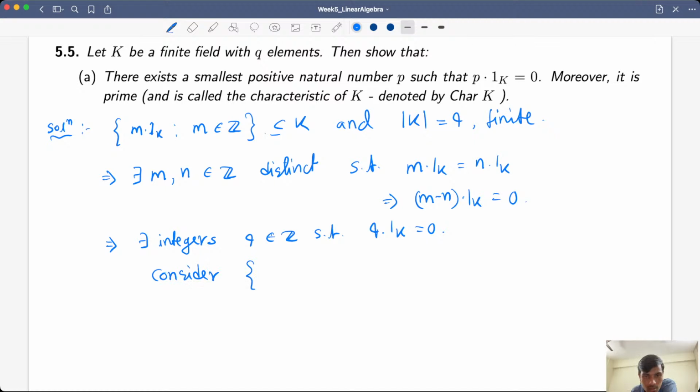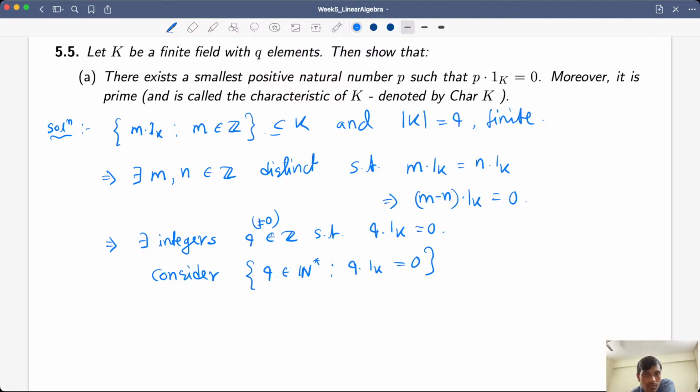So obviously this q is non-zero. Now we can consider the set of all those q belonging to the natural numbers N star, that is, except 0, such that q·1_K equal to 0.